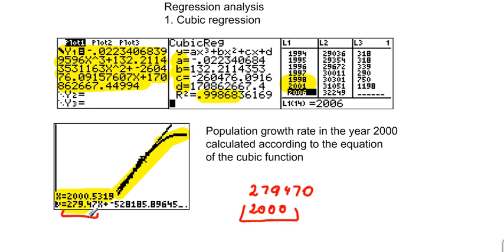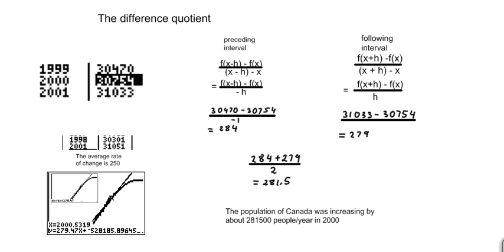Now we will do the calculation using algebra and see whether we are close or exactly we end up with the same rate by using the algebra instead of the graphing calculator calculations. So let's do that. So the strategy that we will use here originates from the difference quotient.